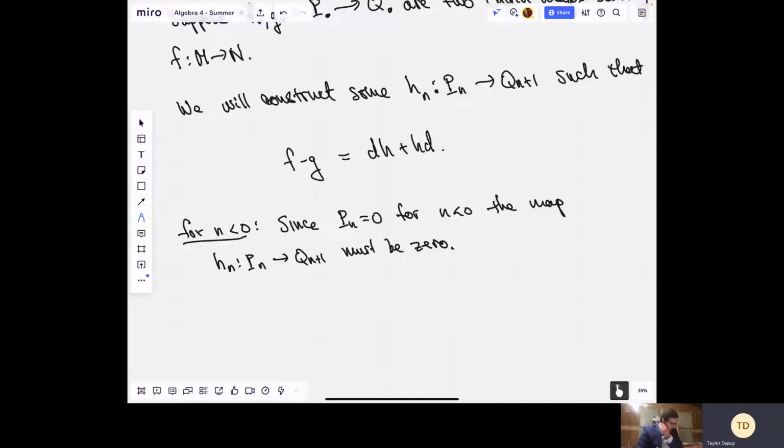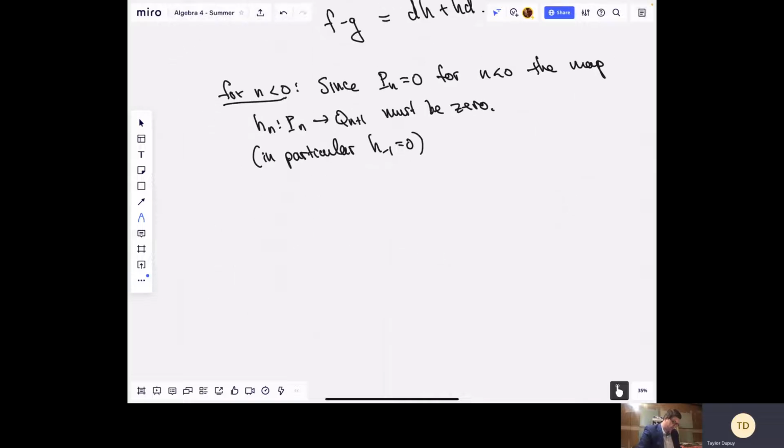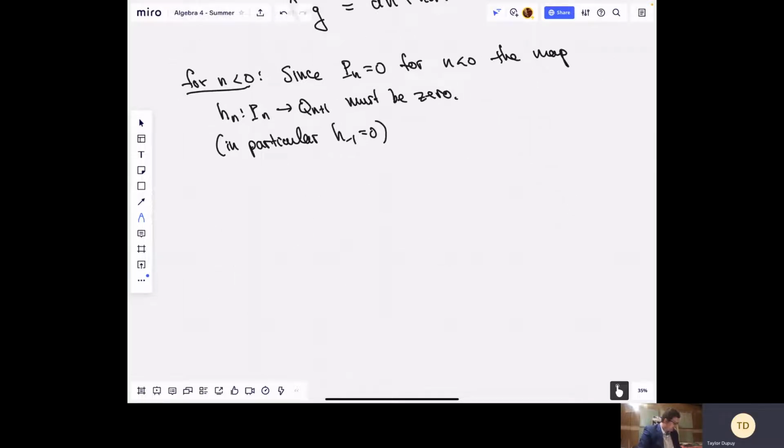In particular, this means that H of minus 1 is 0. The only map from a zero module is the zero map.